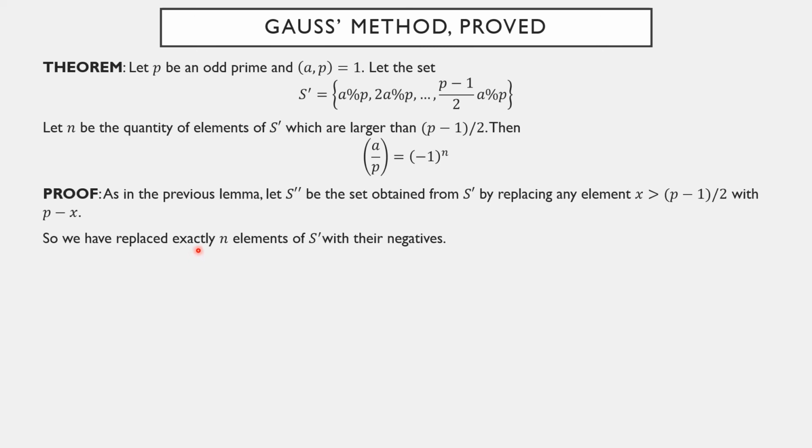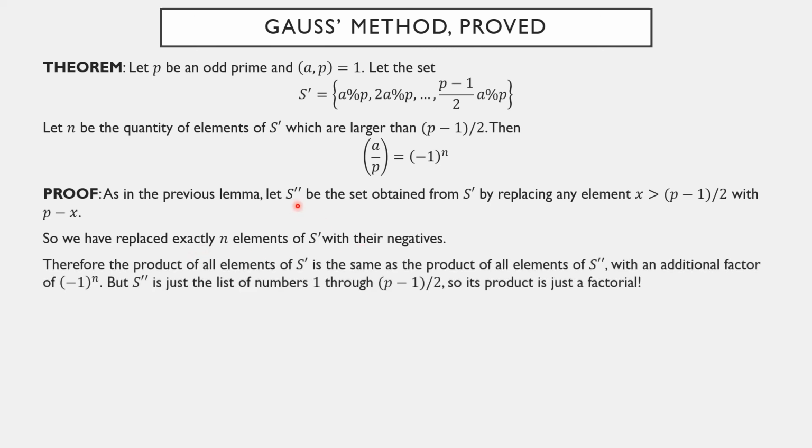Those are exactly how many get replaced in constructing the set s double prime. So the product of everything in s prime is the same as the product of s double prime with an additional factor of (-1)^n, because I'm replacing x with p minus x. Modulo p, this is just minus x.